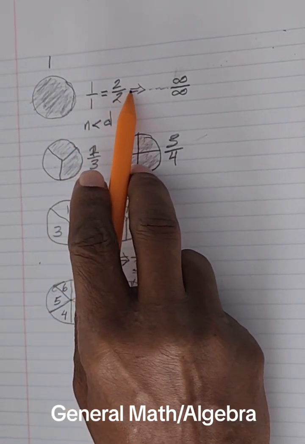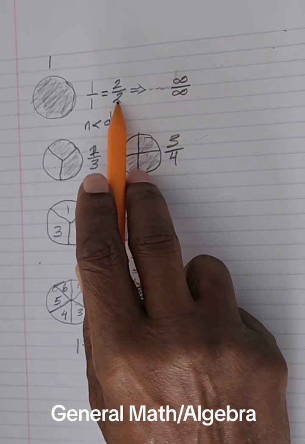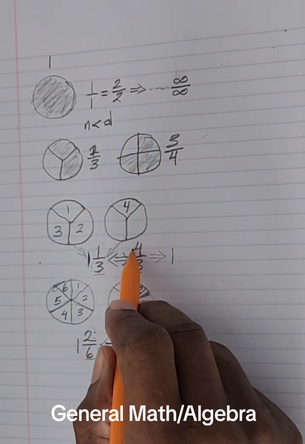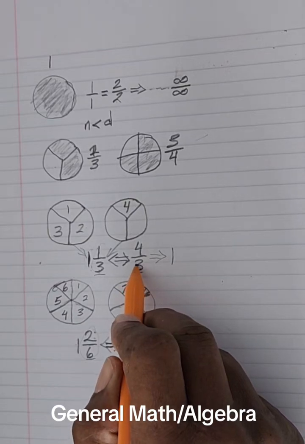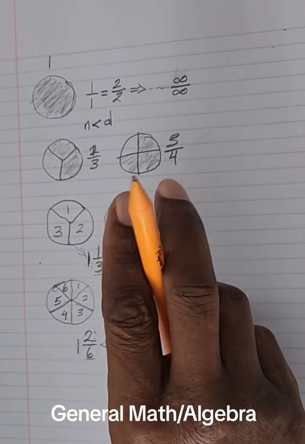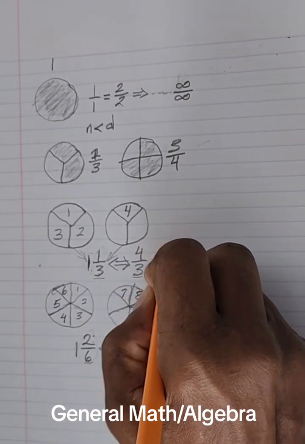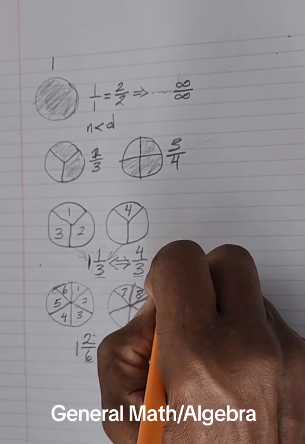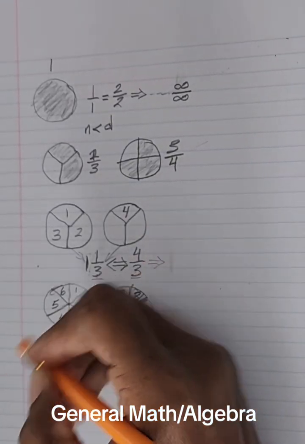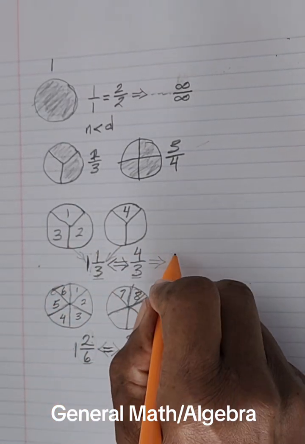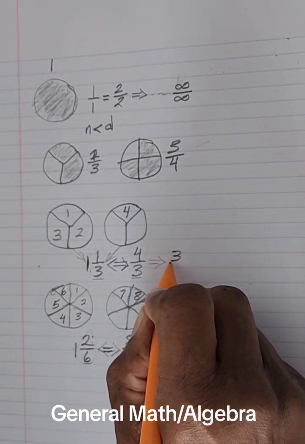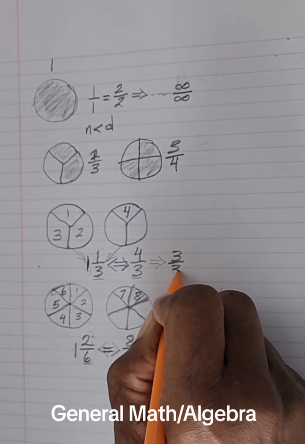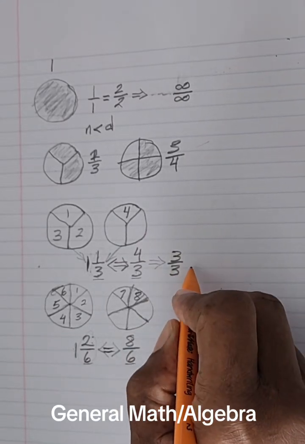Remember what was up here doing this? So 3 divided by 3 would be 1. Let me show you what I mean. So we see we have 1, 3 over 3, and then what's left?